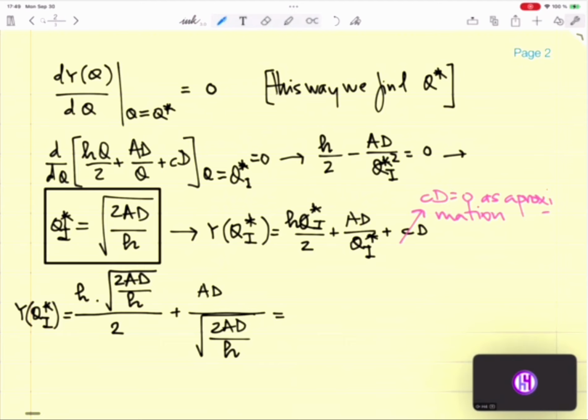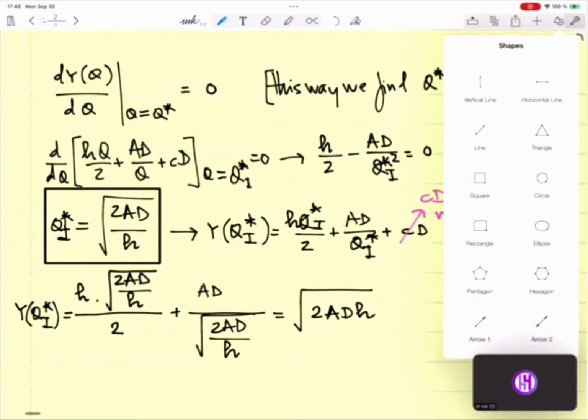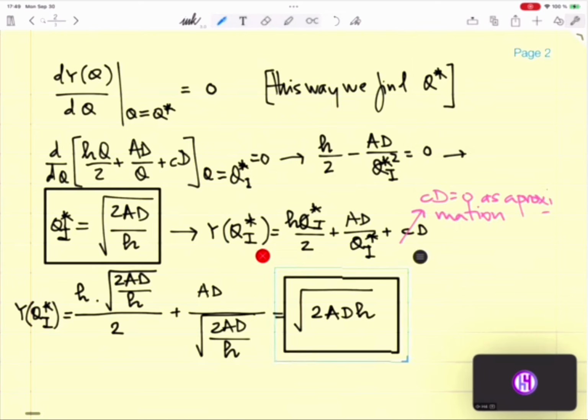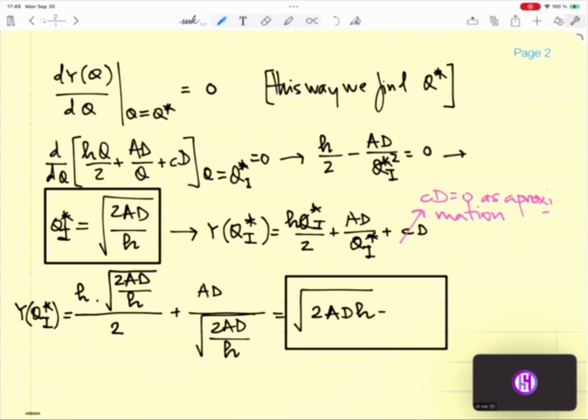If you do the calculations, you get the square root of 2ADH. So this is our cost at the economic order quantity 1.